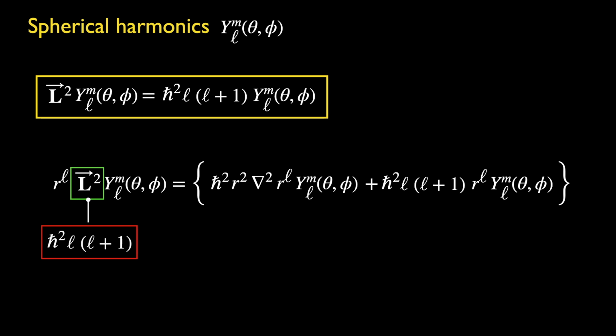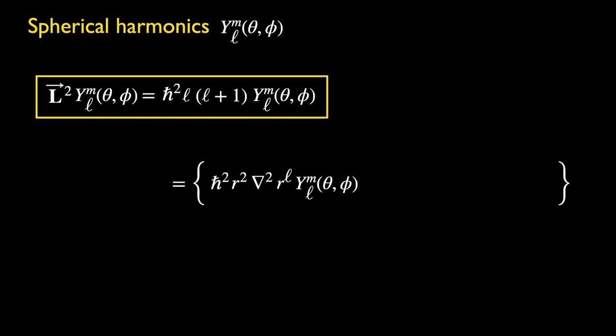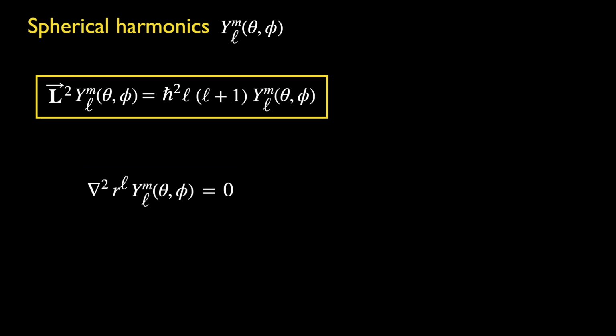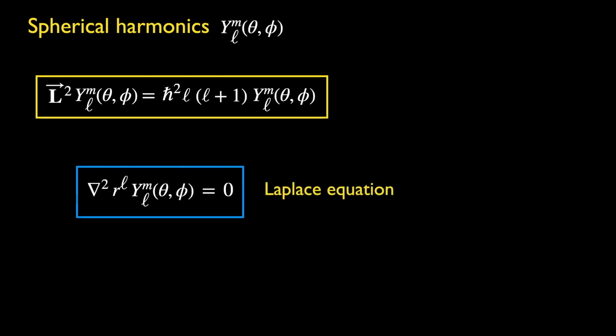Notice that this is equal to the last term on the other side of this equation, and therefore cancels. Dropping the factor in the red box, we end up with the Laplace equation.